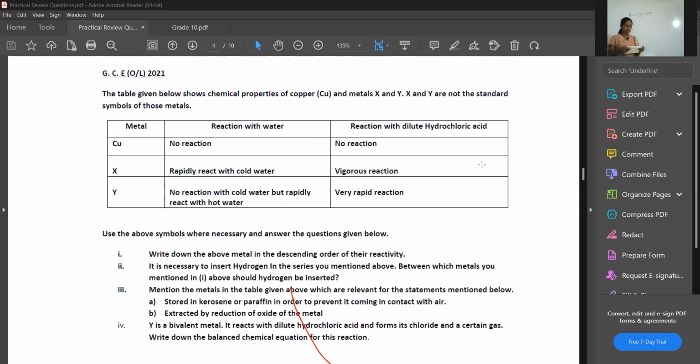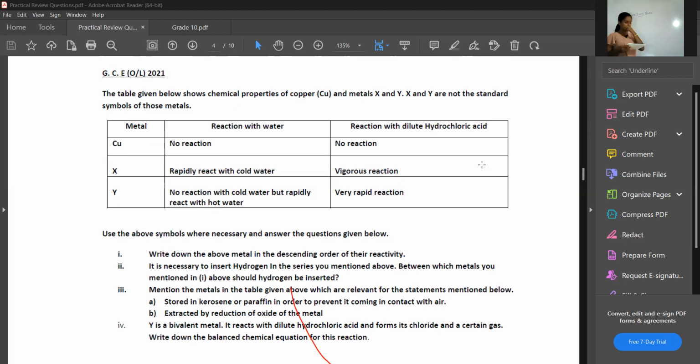The table given below shows chemical properties of copper and the metals X and Y. We don't know what X and Y are; they are not the standard symbols, and we are given some hints. Copper does not react with water, and with dilute hydrochloric acid, no reaction.